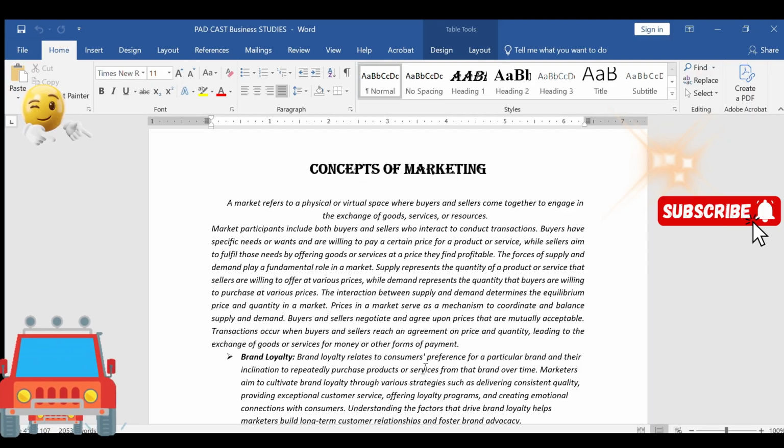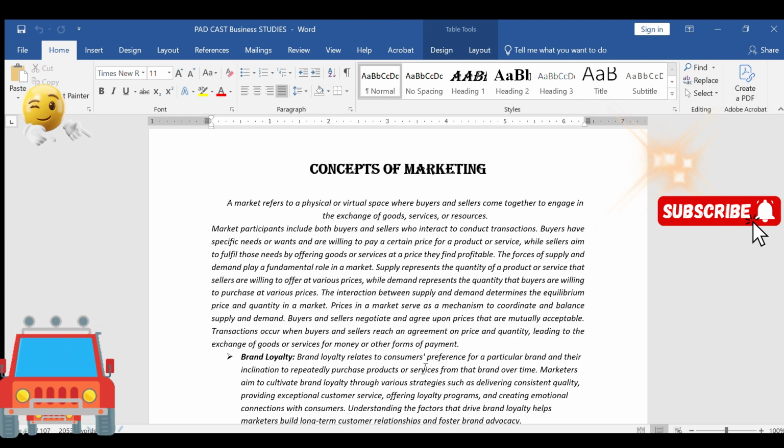Buyers have specific needs or wants and are willing to pay a certain price for a product or service, while sellers aim to fulfill those needs by offering goods or services at a price they find profitable.